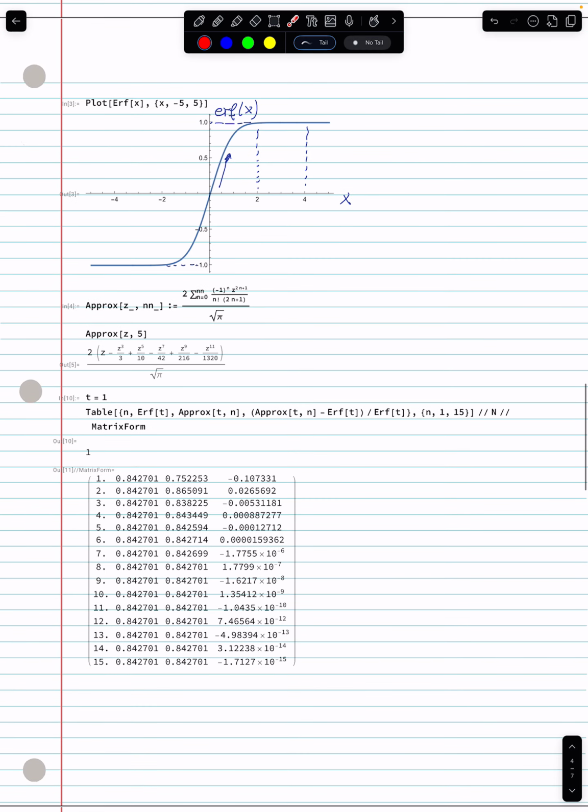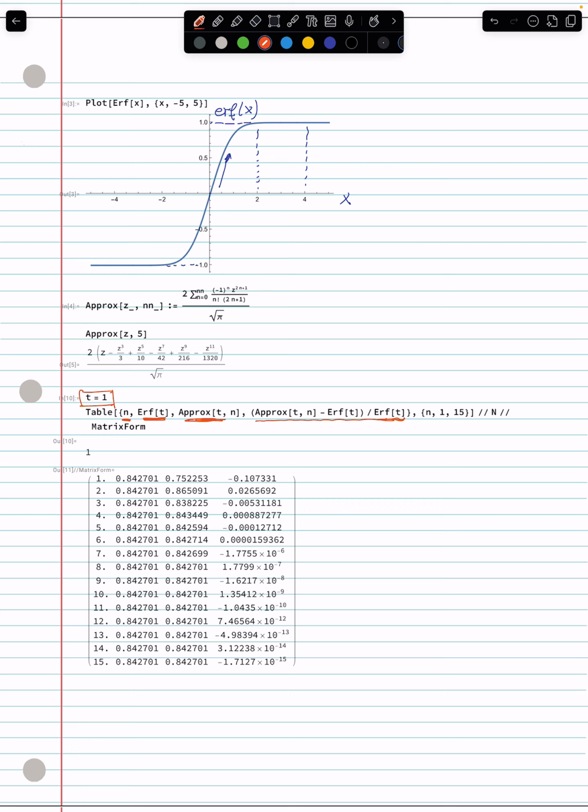All right, and so to do so, what I just provided here is the value of the error function of t when t is equal to 1 for different truncation orders. You might not be familiar with the nomenclature in Mathematica. This just means that I'm creating a table here with 4 different columns. 1, 2, 3, 4 columns.